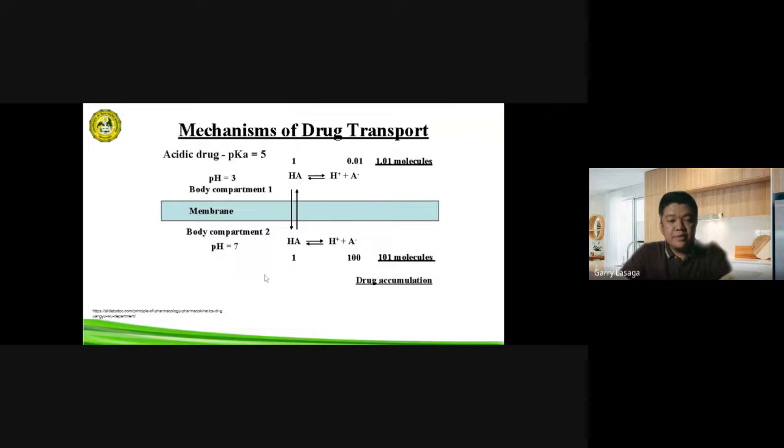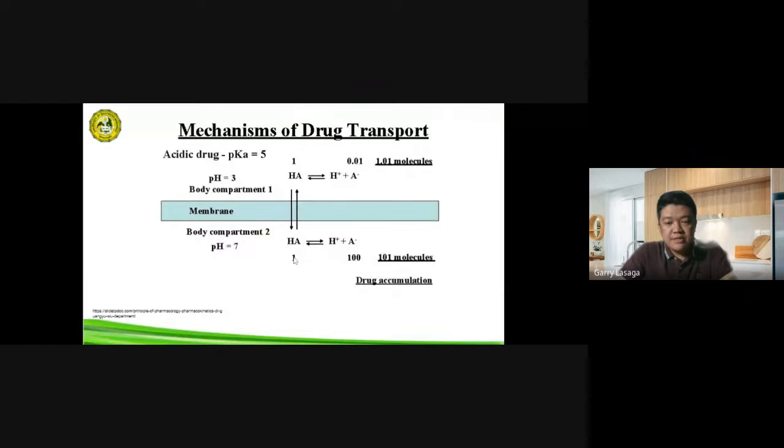Now, when we are going to place an acidic drug to a basic environment, what would happen is the ionized form of the drug, of the acidic drug, will predominate. This is the ionized form, the conjugate base, and this is the acid form, the unionized form.